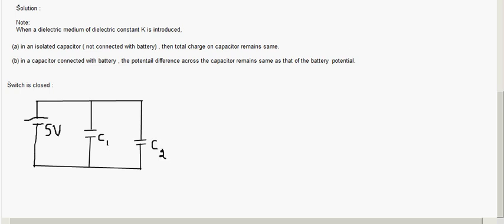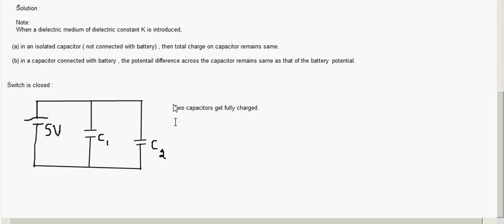The two capacitors get fully charged with the 5-volt battery.